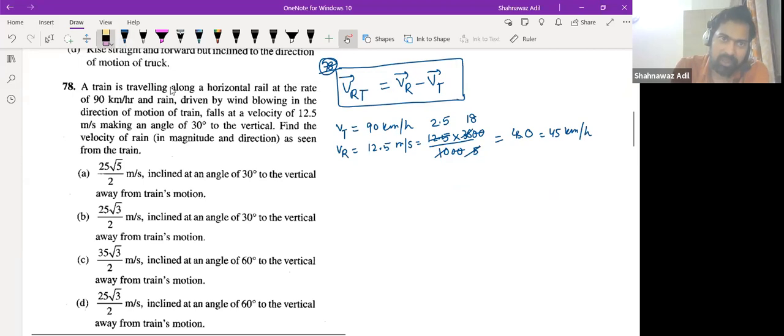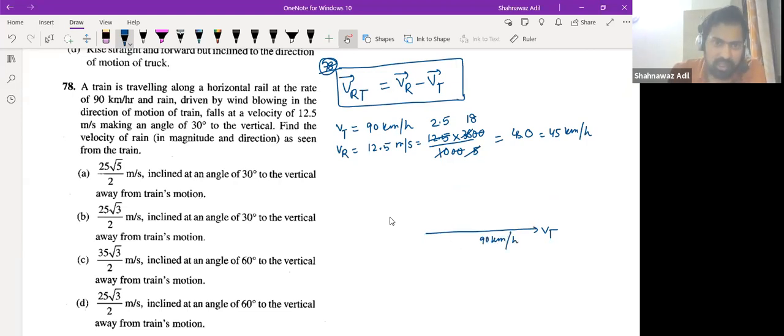So we have a train which is moving with 90 kilometers per hour, and then in the direction of train, the rain is falling. This is how the rain is falling, right?